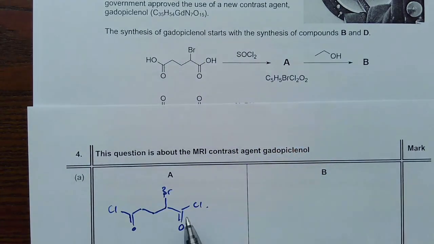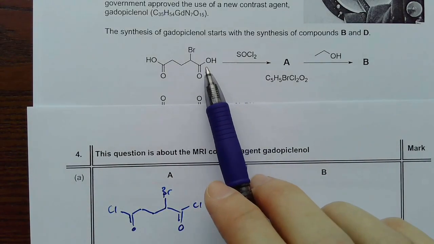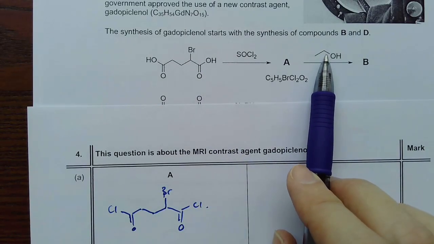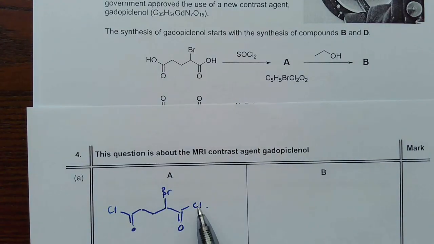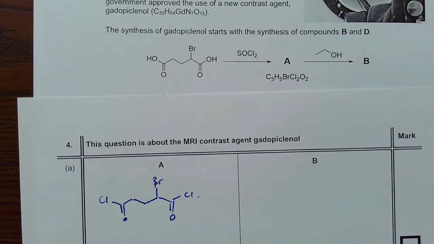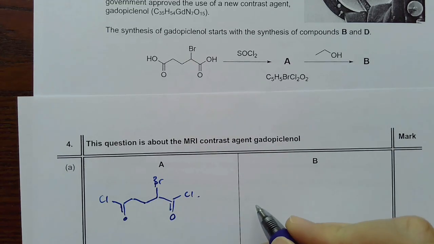It probably makes this slightly more reactive. If you do the acid with the alcohol, that's going to set up an equilibrium. Whereas if you replace it with the chlorine and now react that with the alcohol, that's not going to be an equilibrium. That's just going to go to completion. But you get the same product anyway.